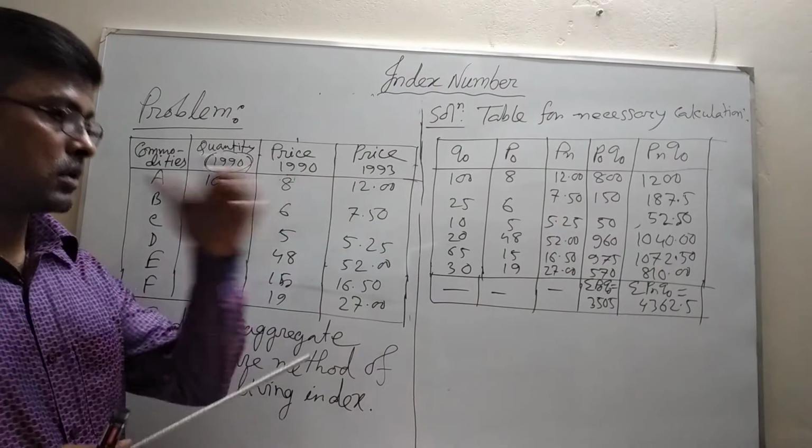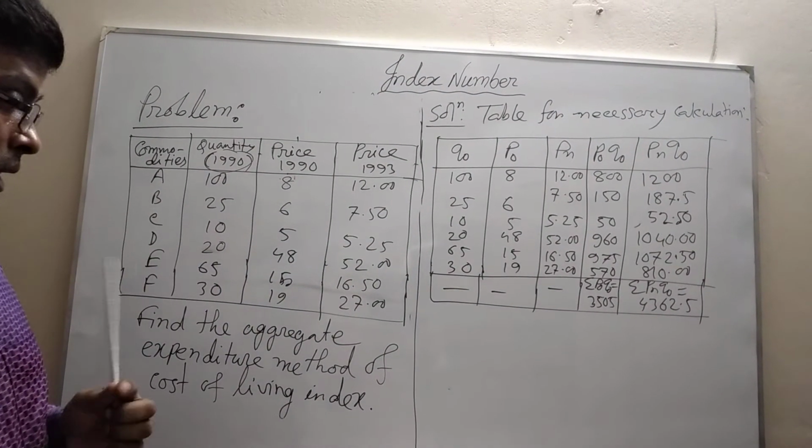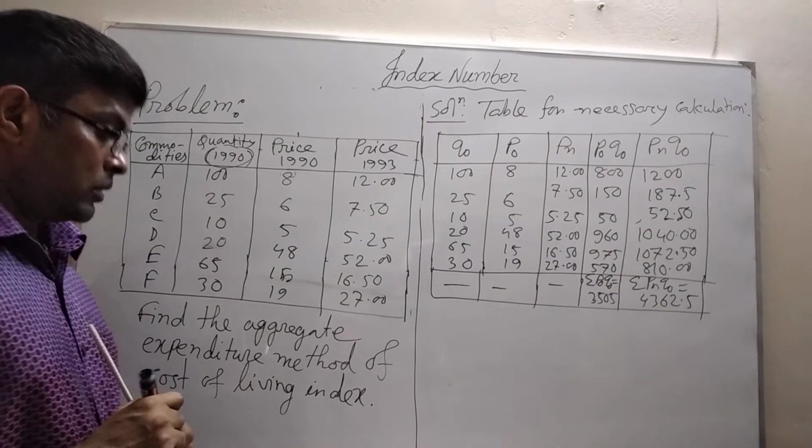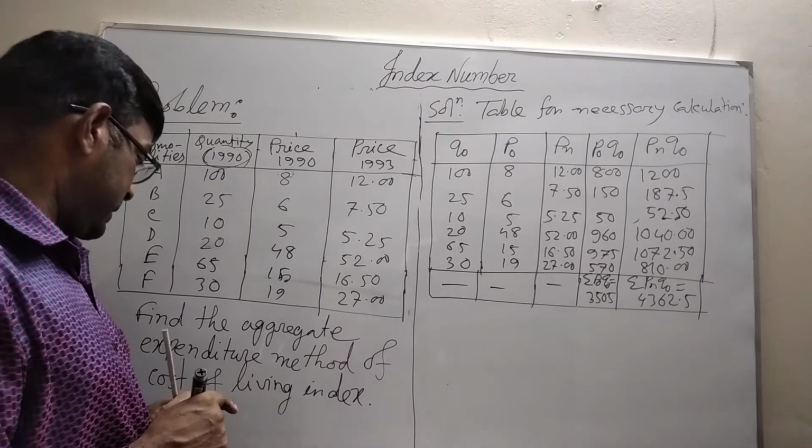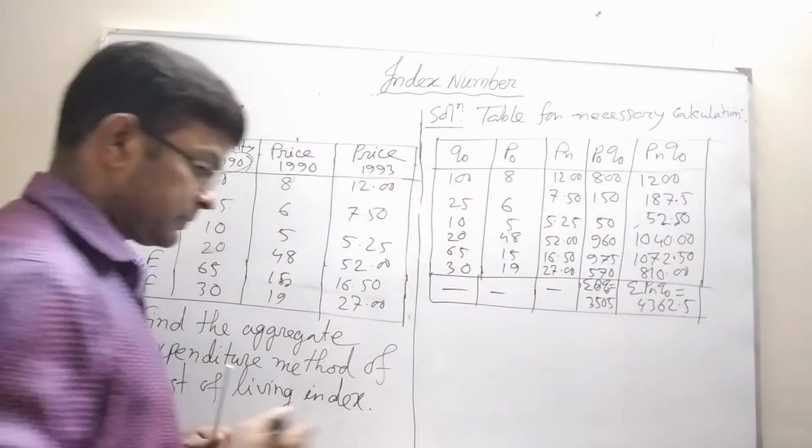Now we calculate the cost of living index by the aggregate expenditure method.